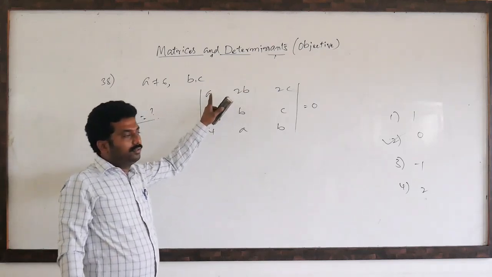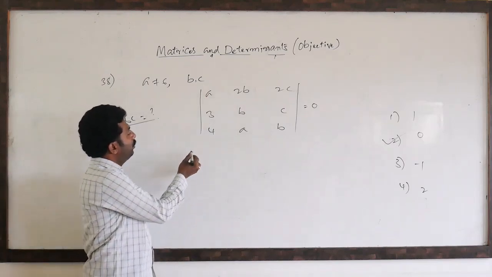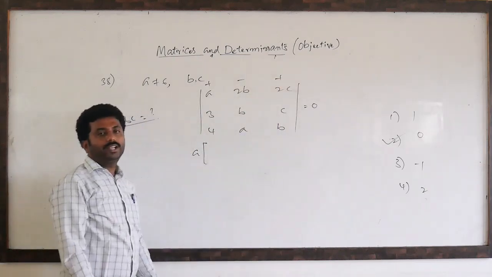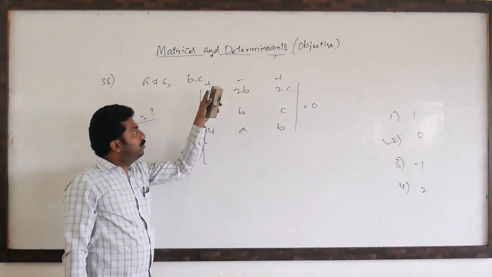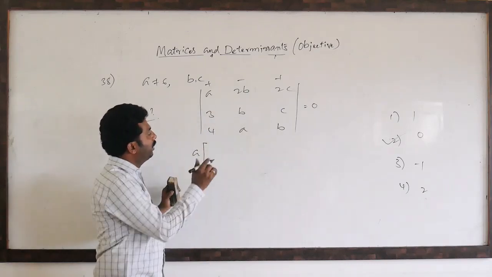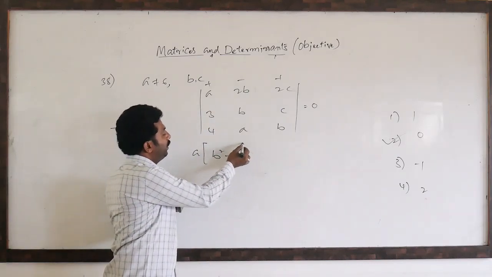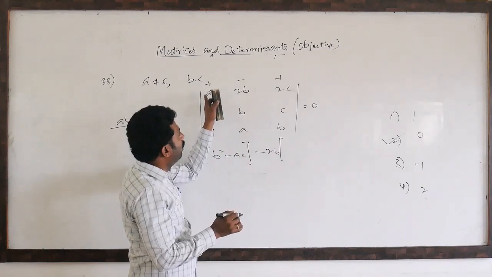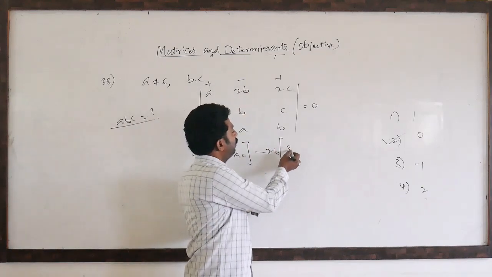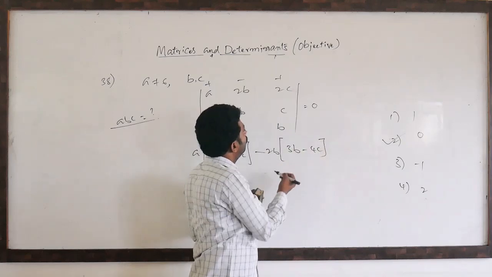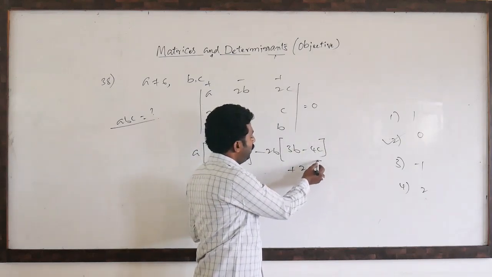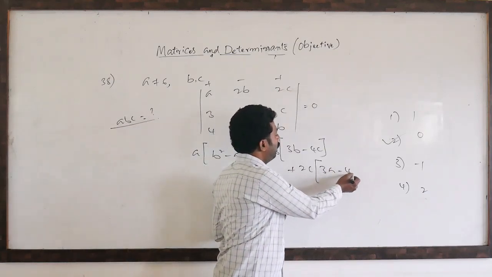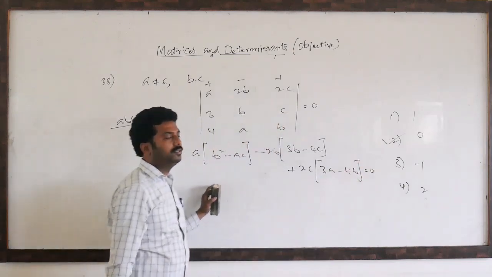Just we'll expand this one. So what expansion will we get? A into c, plus minus plus means expanding along the first row. So for a, close this row and column: b square minus ac, minus 2b into, if you close this column and row, that is 3b minus 4c, plus 2c into 3a minus 4b equal to 0.